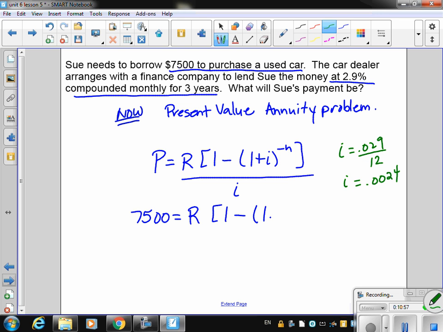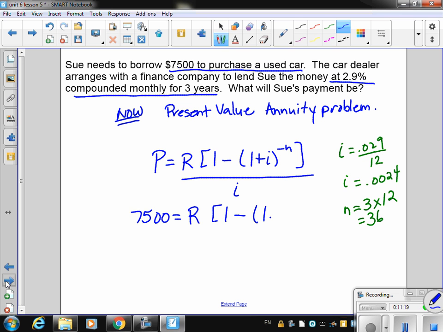The n is how many times it's compounded, and it is compounded monthly for 3 years. So there will be 36 payments, 36 compounding periods where interest is added to that account. So into the equation they go.